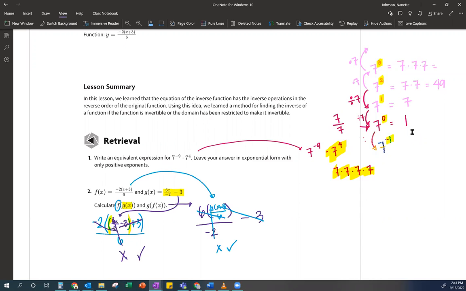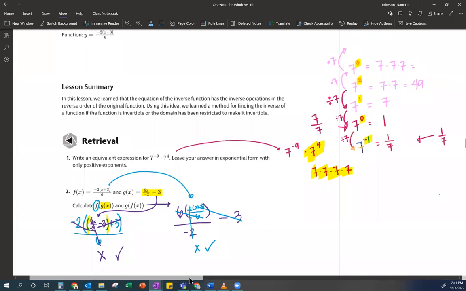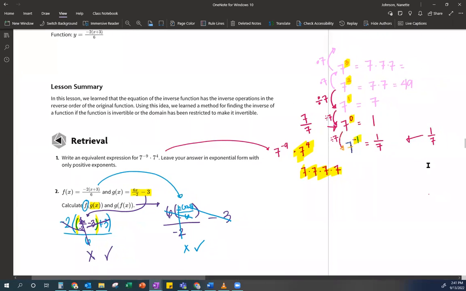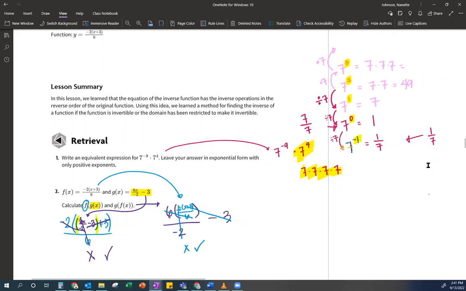So the question for this one is, what is 1 divided by 7? Well, that's what it is. It's 1 divided by 7. So here's the most powerful thing I want you to see, but let's let that marinate for just a second. Okay. So then what would 7 to the negative 2nd be?